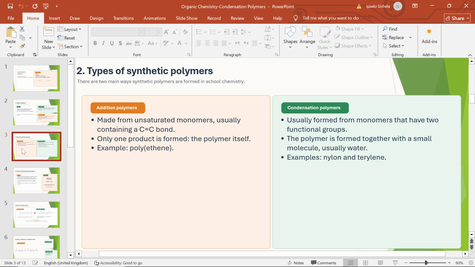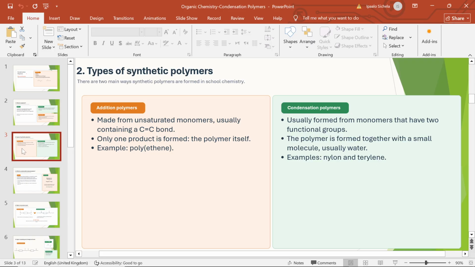And why am I saying unsaturated monomers? Because the monomers that I used have a double bond or a triple bond. Unsaturated compounds are hydrocarbon compounds which have a double bond or triple bond in between the carbon atoms.